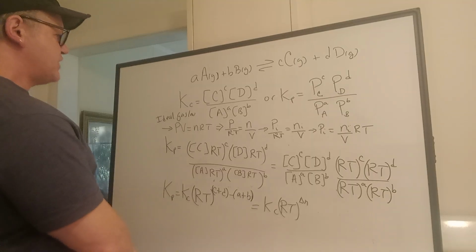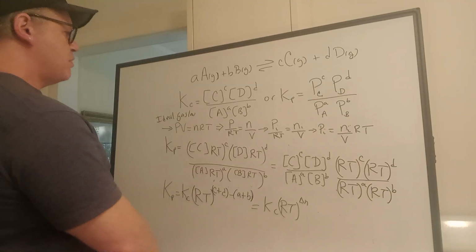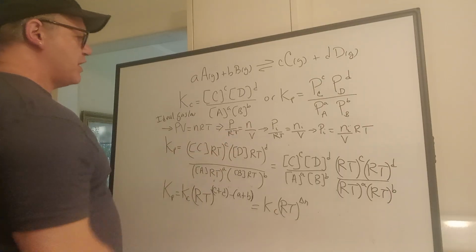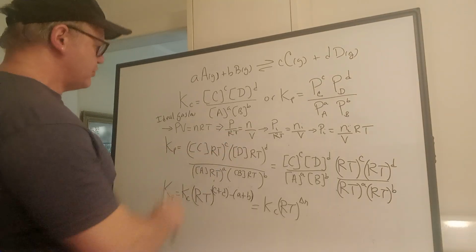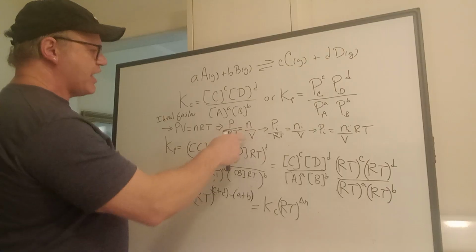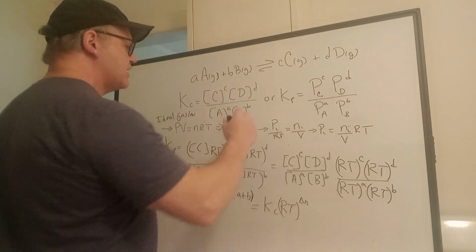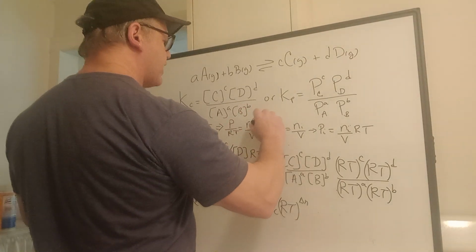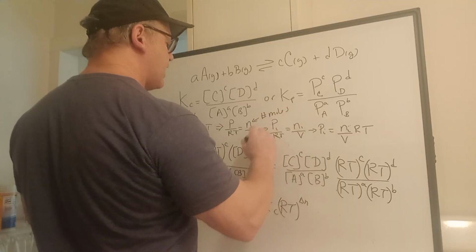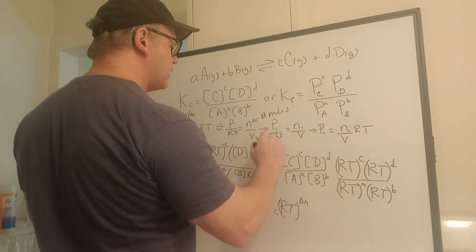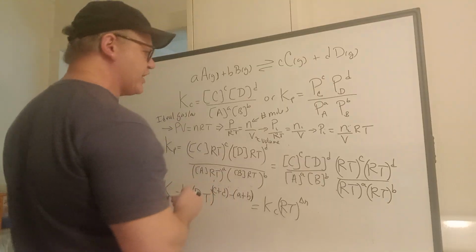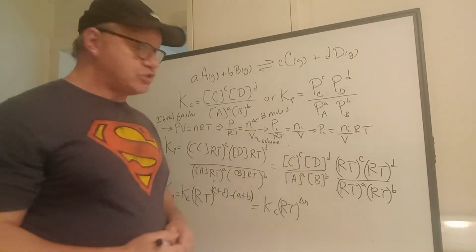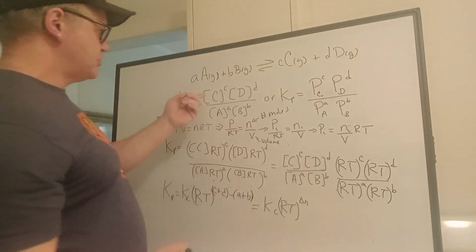And so we can set it up where P over RT is equal, if you divide out, to n over V. Well, think about this. n could be the number of moles, and V is volume, and we could choose to make the volume in liters, so moles per liter gives us molarities.